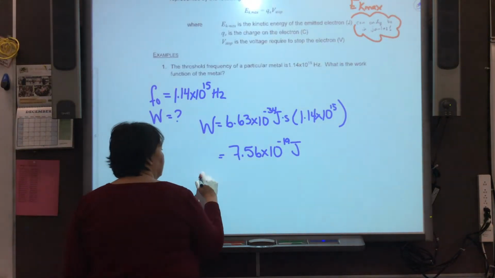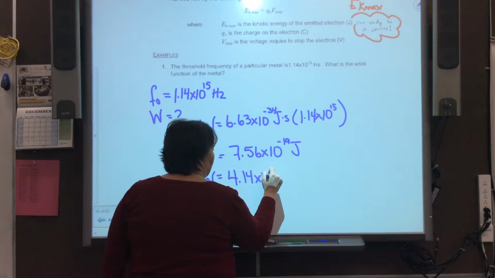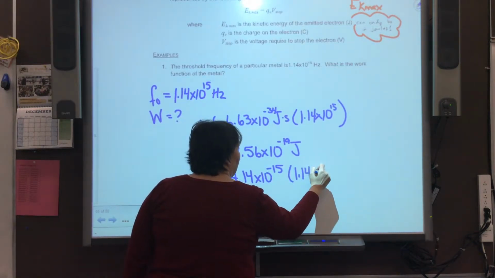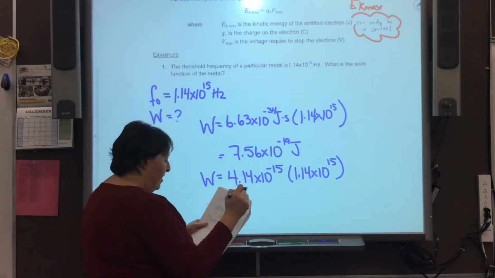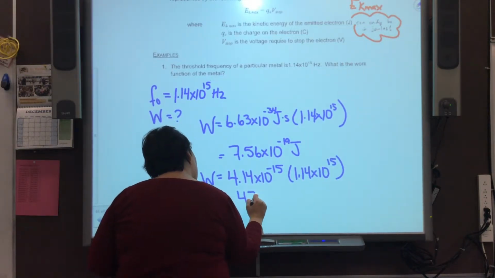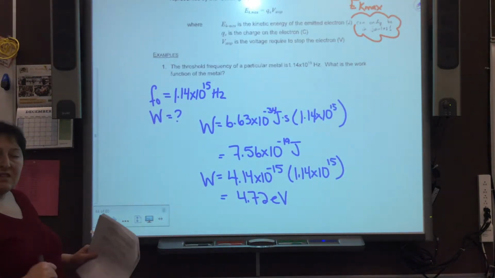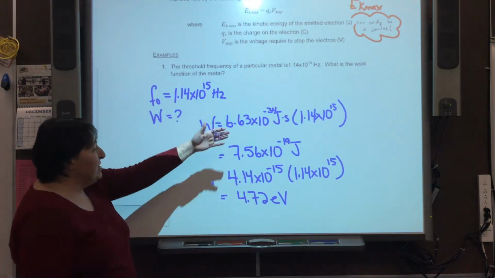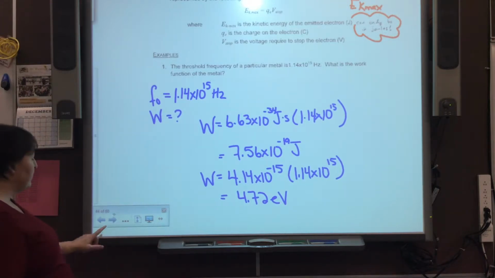If you had chosen the other one, 4.14 times 10 to the negative 15 times 1.14 times 10 to the 15, you would end up with 4.72 electron volts. So either answer is good. I just arbitrarily choose 6.63 because it's first of the two.